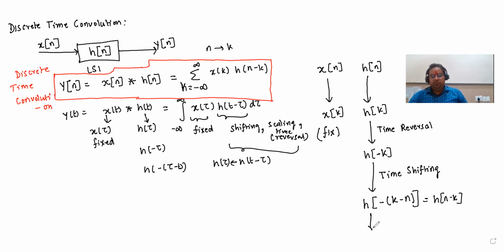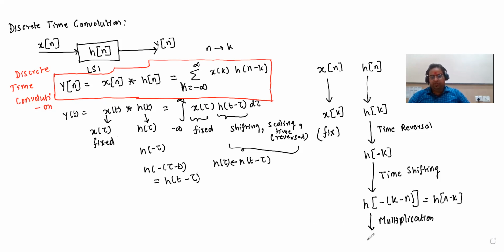And then we do multiplication, where we multiply this h of n minus k with x of k, in the manner similar to the continuous time case, where we had multiplied h of t minus tau with x of tau.